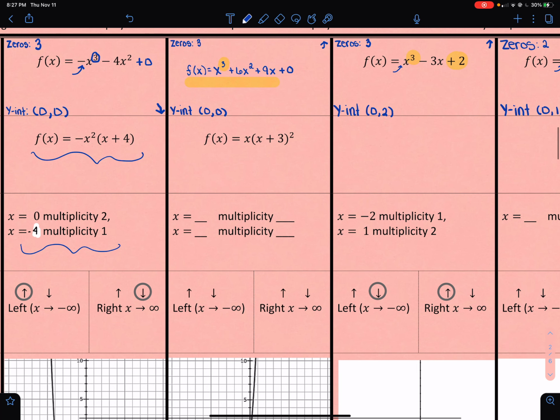it for us. They looked at it and they said that x to the third plus 6x squared plus 9x, we can factor out an x out of all of them. So they did bring an x out front. Okay. So we've got x, and then they had x plus 3. So when they did that, they had x, and then they would have had x squared plus 6x plus 9.